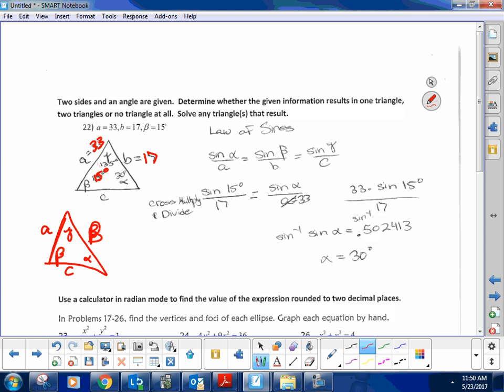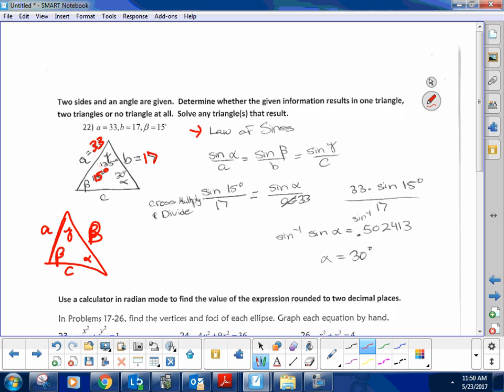And one thing, if you're given side-side-angle, you normally work with the law of sines. Now, there were some other examples where we worked with special triangles, where we were given other things, and sometimes we have the law of cosines.